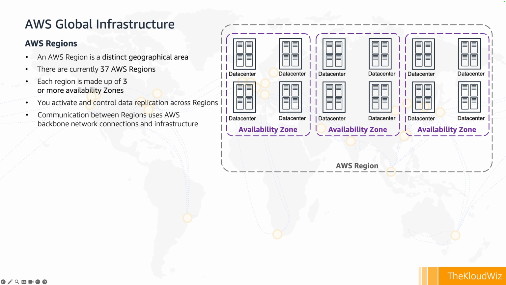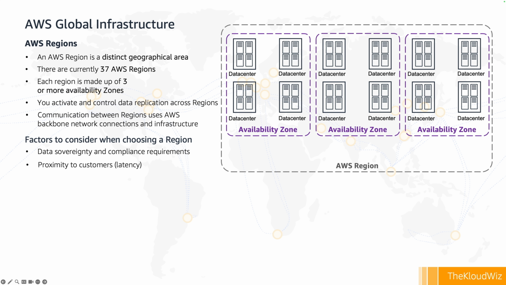Now, even though AWS gives you the leeway to choose your own regions and deploy your resources there, there are some factors that you need to consider when choosing a region. And one is data sovereignty and compliance requirements. Of course, a lot of countries have different compliance regulations. So you need to check what your country recommends before you choose a region.